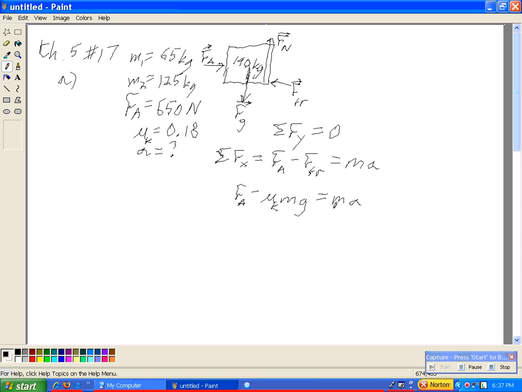Divide both sides by m. And you get the applied force over m minus mu k g equals the acceleration.